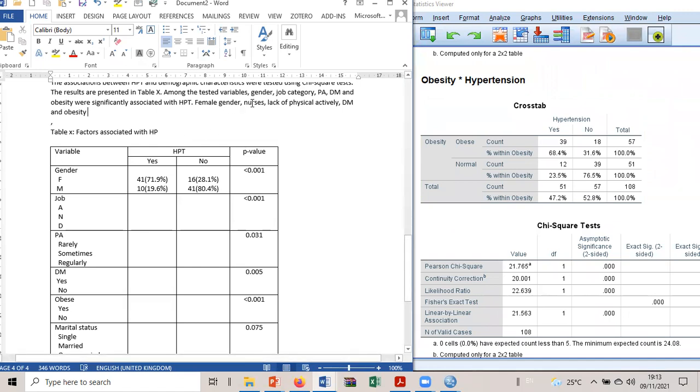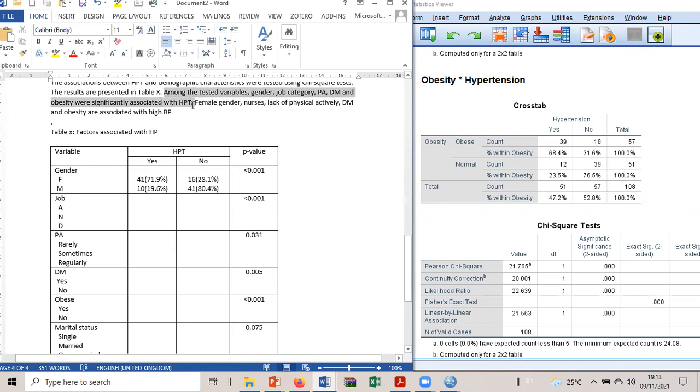Female gender, nurses, lack of physical activity, DM, and obesity are associated with high BP, hypertension. Don't have to explain one by one. So among the tested variables, this was significant.